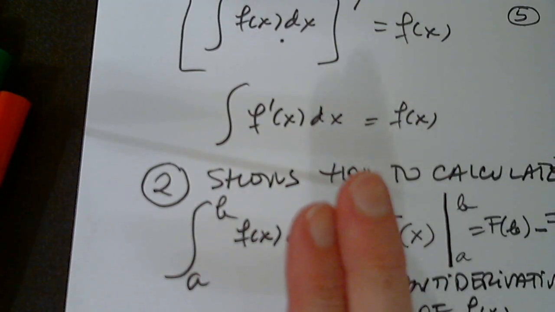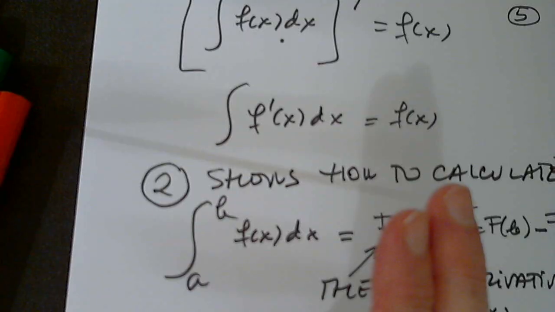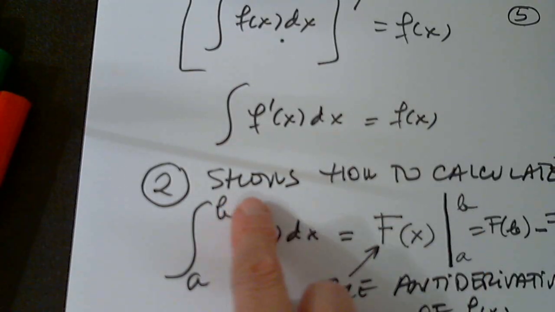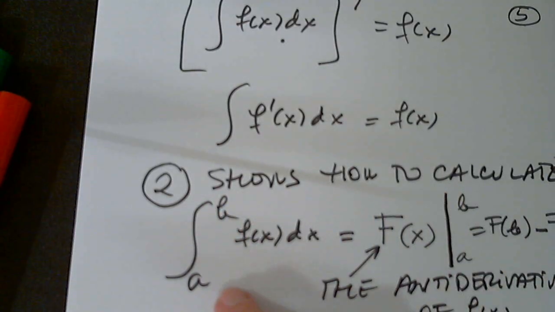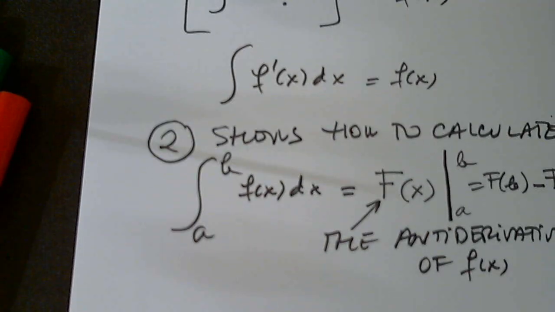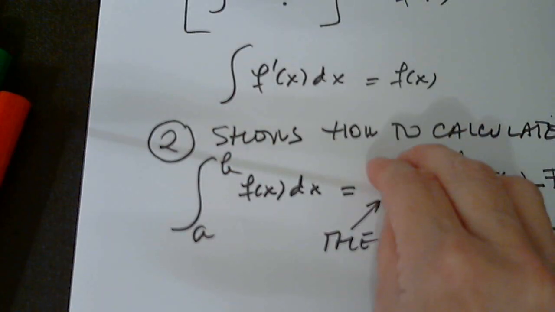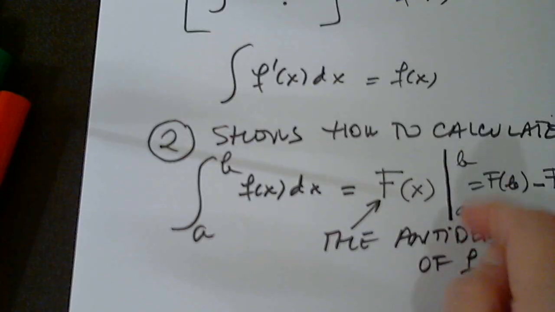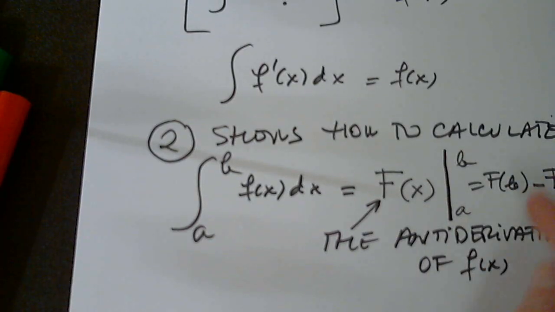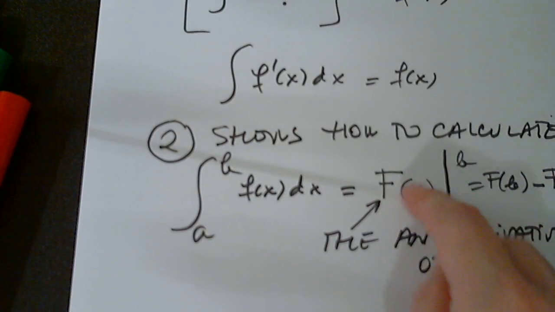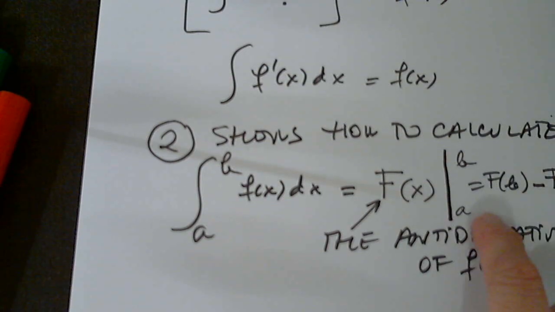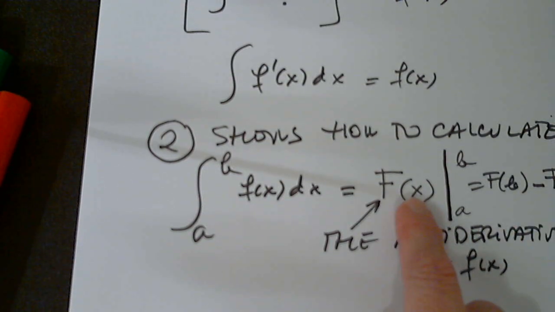The second part, equally important, teaches us how to calculate definite integrals. So how do I calculate the integral from a to b of f of x dx? First, I find the antiderivative of f of x, and then I evaluate it at b and a, and I subtract: when I evaluate it at b minus when I evaluate it at a.